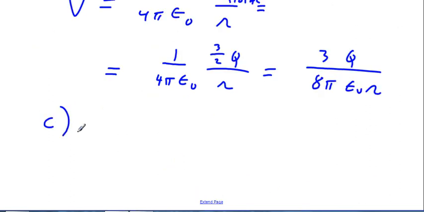And the C part wants to know the same thing when R1 is less than R is less than R2.